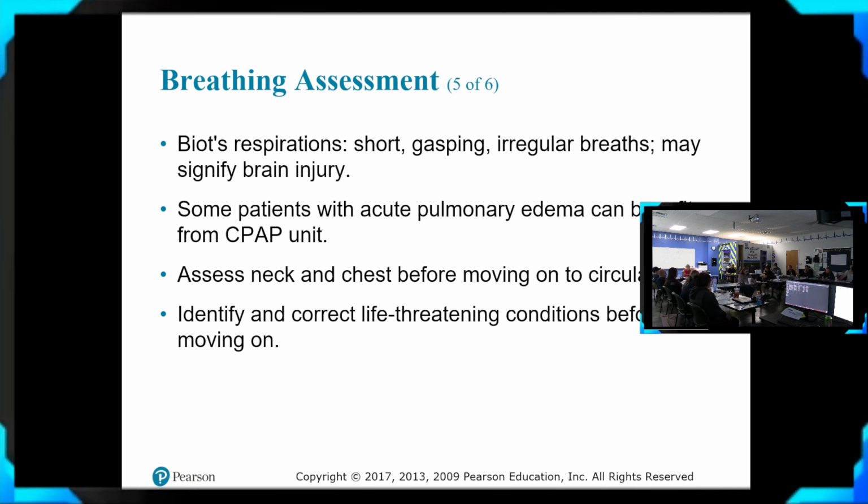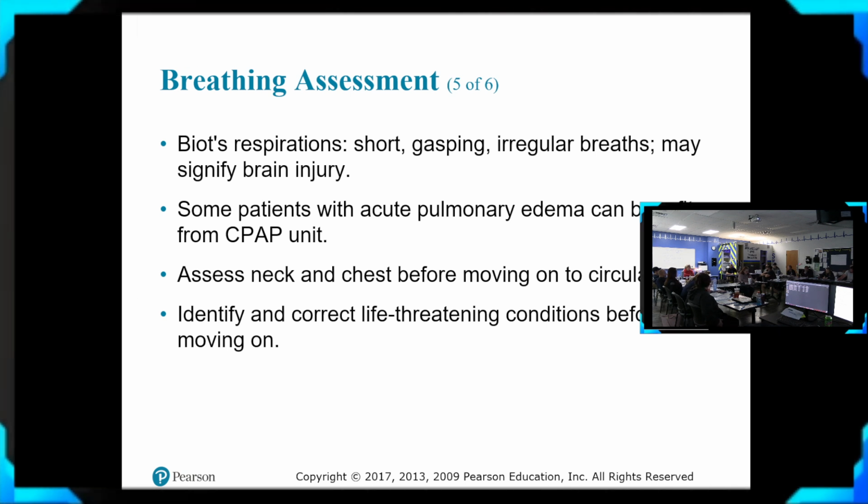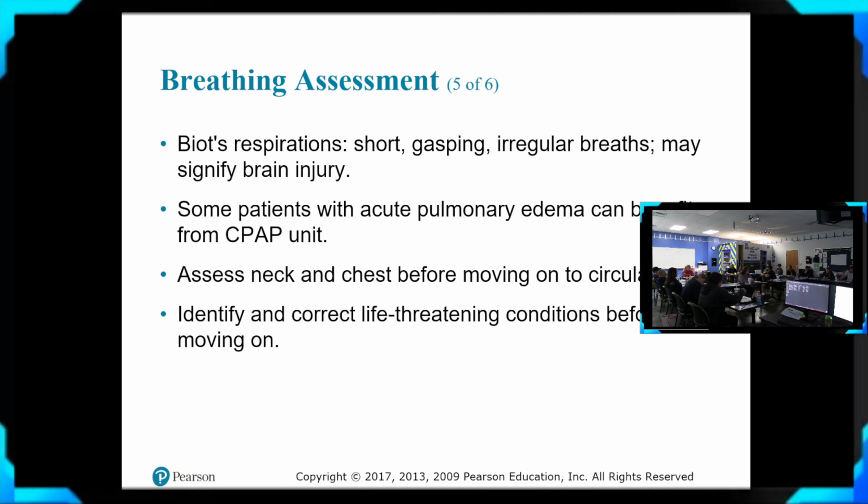There's a difference between DKA and your high glucose people. When you see them at 400, 500, 600 range, you'll see that where you have that. Your Kussmauls is like your 1400s.